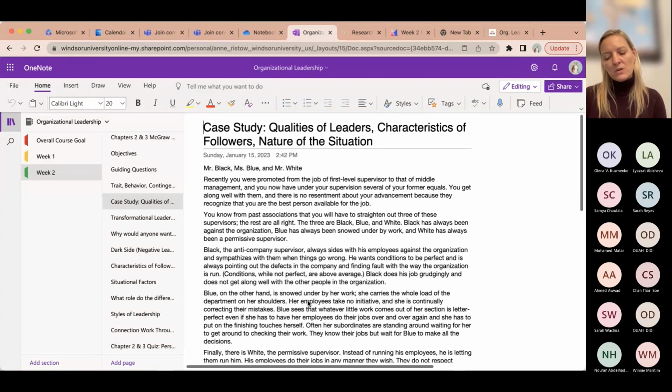So it's important to be aware of building that relationship when you move from being an equal to being in a leadership role with others. And then also, we're going to go back to the contingency.